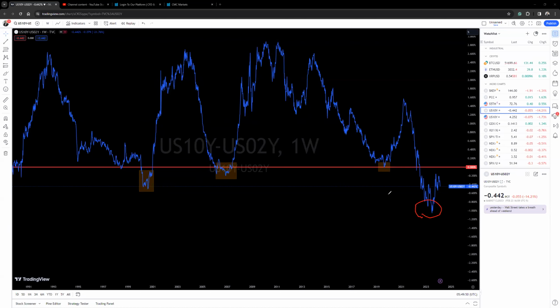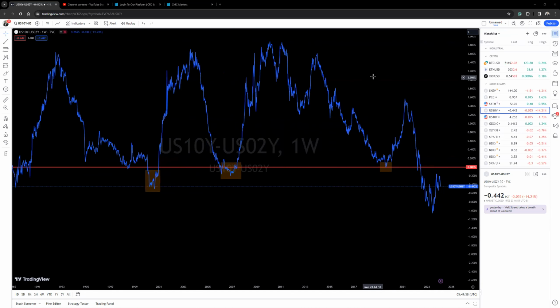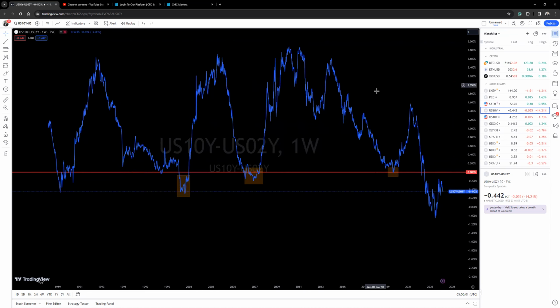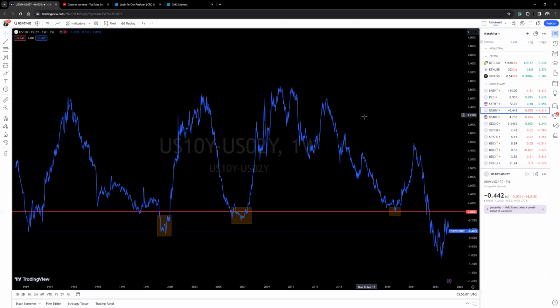But this is screaming that a big recession is coming. We just can't dream about a soft landing. I don't know how people are talking about a soft landing. Based on this chart, I should say we are very close to one of the biggest recessions in the history of the market that we can experience.